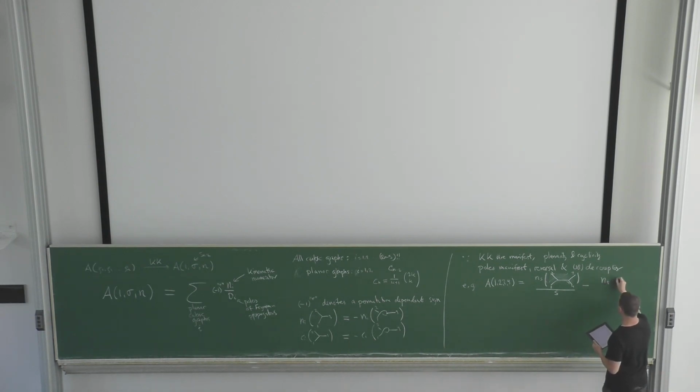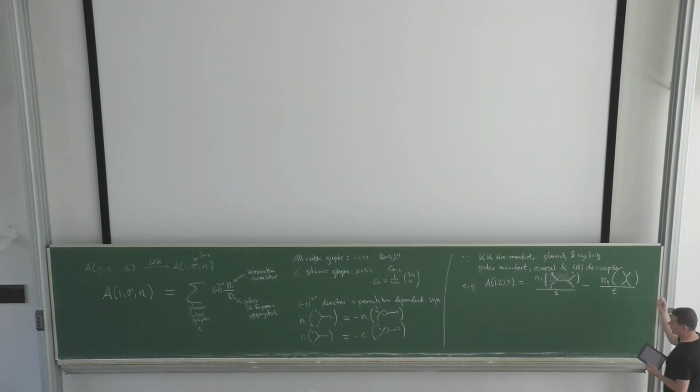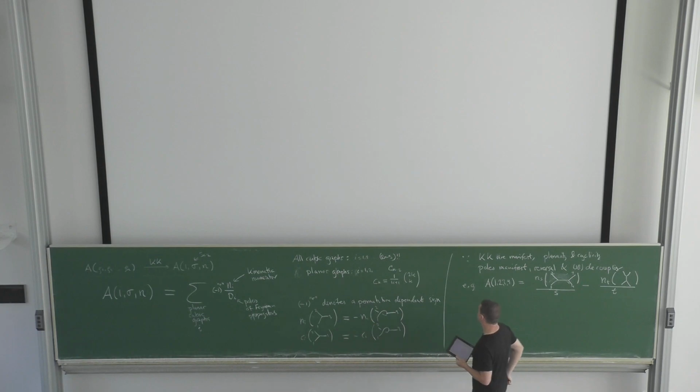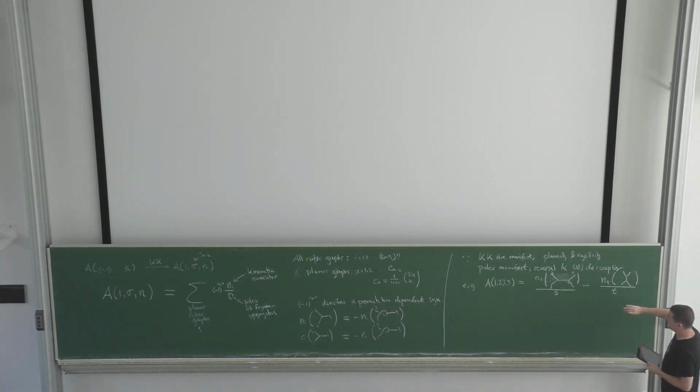And then I have a T channel corresponding to this graph here, over T. And there's only 2 graphs here. You can get that from the Catalan numbers. It's obviously cyclically symmetric.